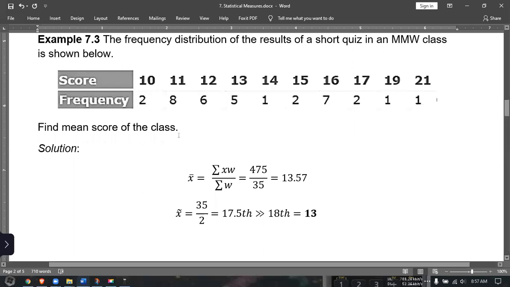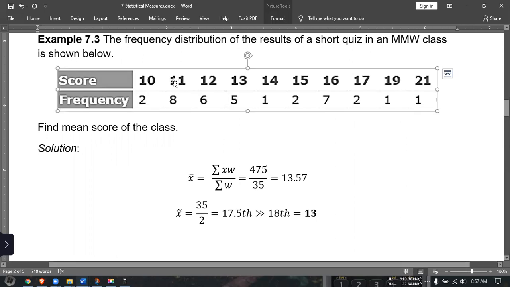It is simply the score with the highest frequency, and that is 11. We have 8 students, the highest number of students who got that specific score. So the mode for this data is 11.